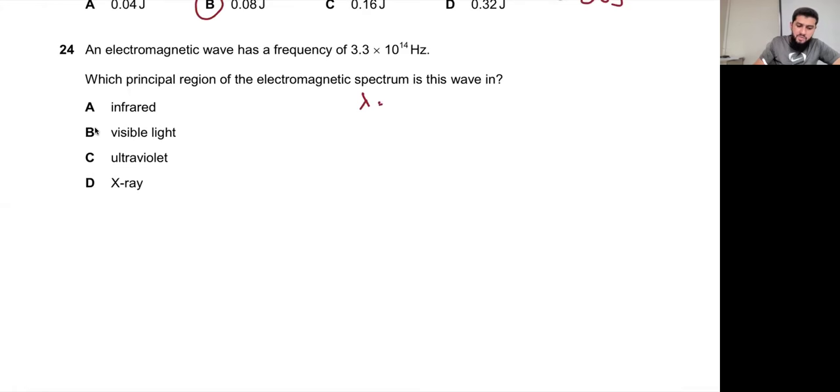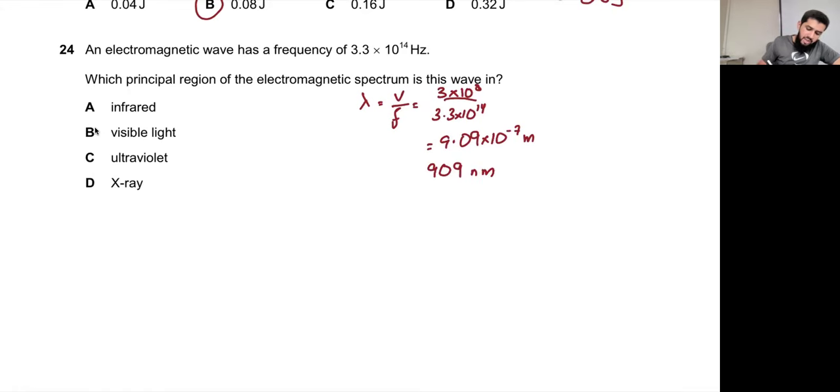If you talk about the wavelength, which is relatively easier to remember, lambda is equal to V upon F, 3 into 10 to the power 8 upon the frequency, which is 3.3 into 10 raised to the power 14. That gives me 9.09 into 10 raised to the power minus 7 meters, which I can say is 909 nanometers.